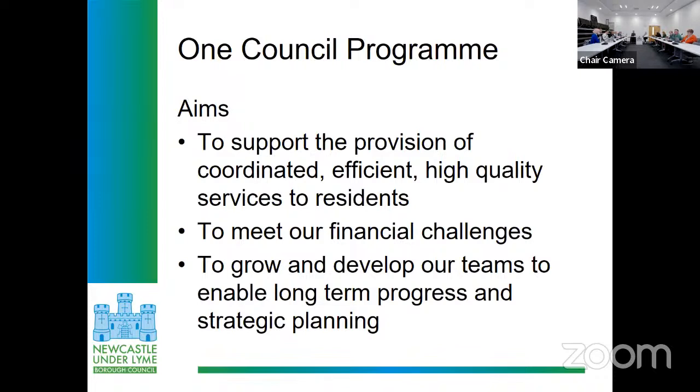We are supporting the provision of quality services. That is not going to change in terms of our aims as a council. We make no secret of the fact that we are meeting financial challenges through this programme.